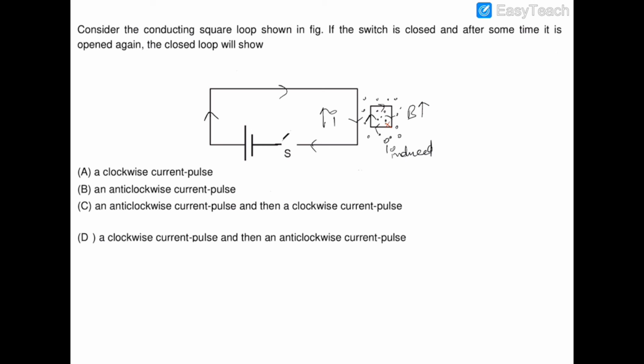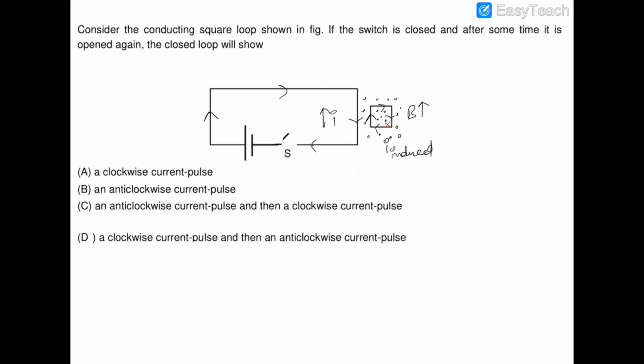Now in the second case, when we have opened the switch, the current in the main circuit is decreasing, and hence this flux is decreasing. So the induced current will oppose the change in this flux. The change is of decreasing nature, and hence this induced current will oppose this decrease, support the flux, and try to increase it.